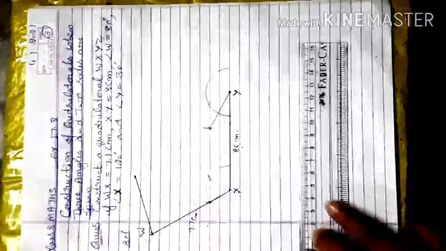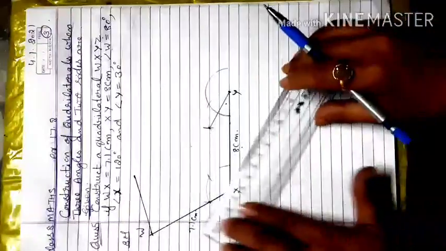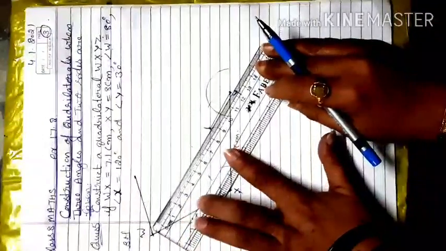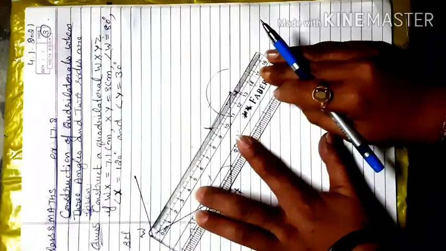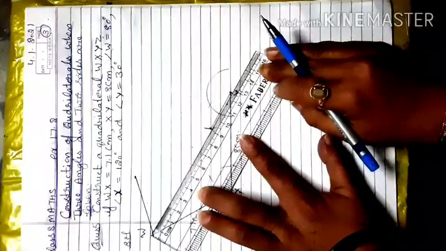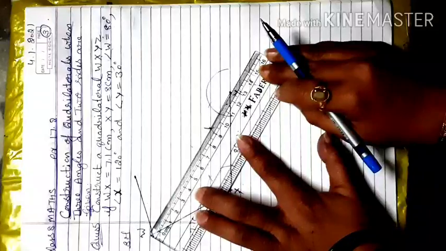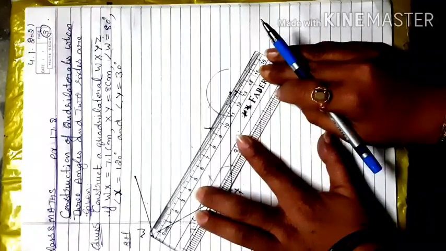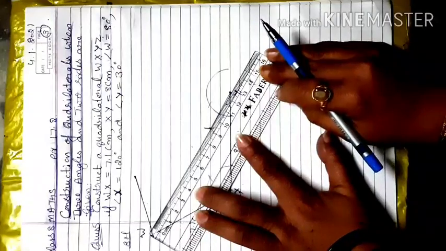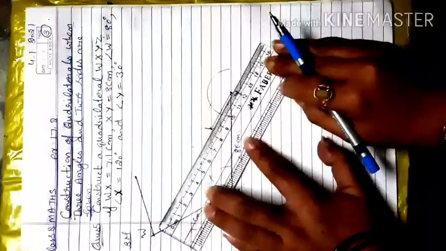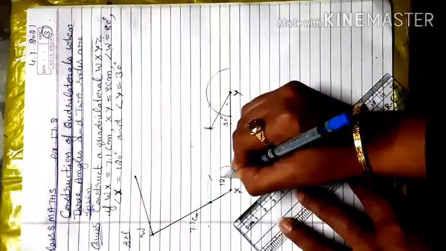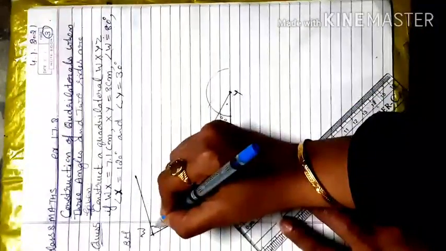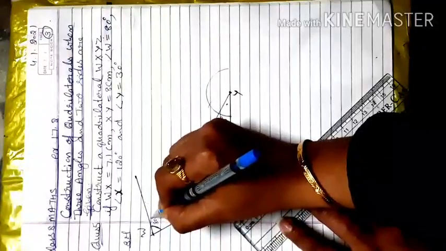Now I just extend this line to where it meets the line starting from W. It should not meet directly at W, because if it meets directly at W, that becomes a triangle. So I just have to extend it, because this is 30 degree. So this is 120 degree, and this we have just drawn, that is 80 degree.